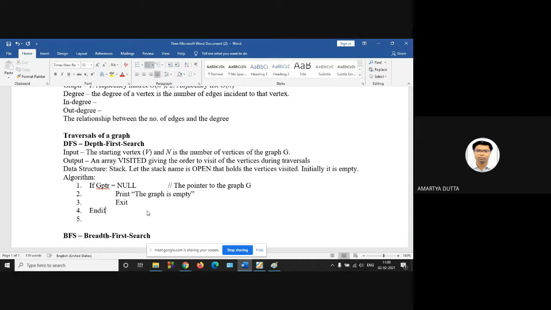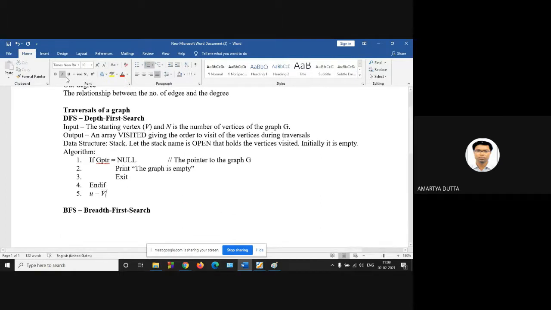Next, U is equal to V. First copy the starting vertex V into a vertex U. Next, push that particular vertex.